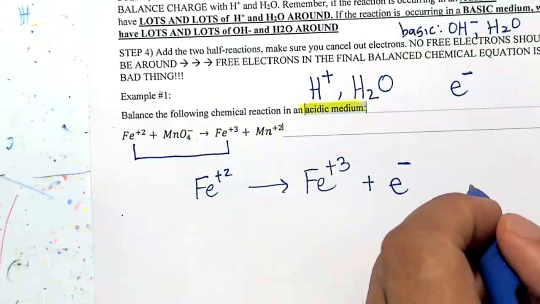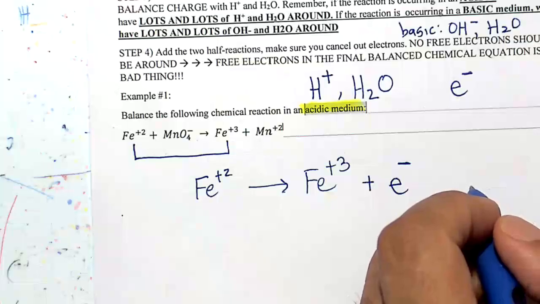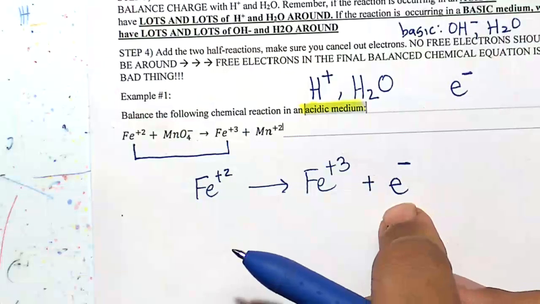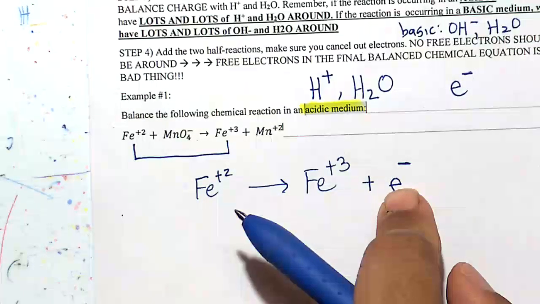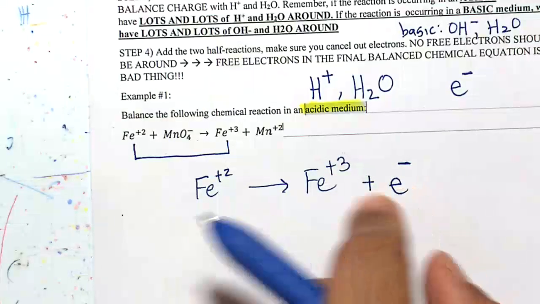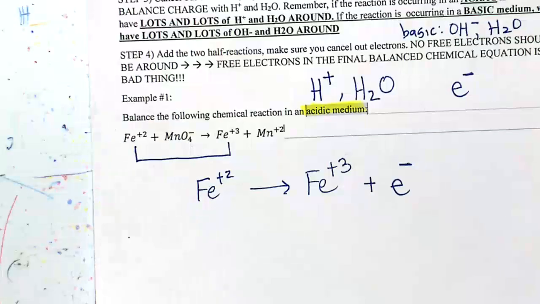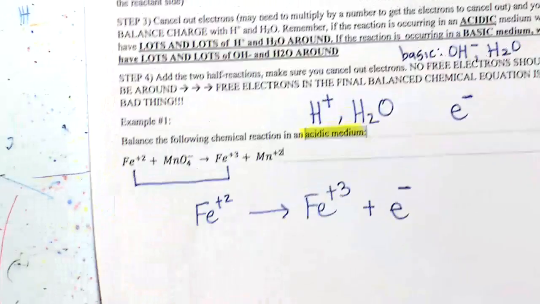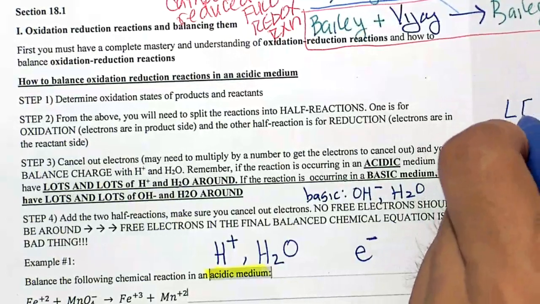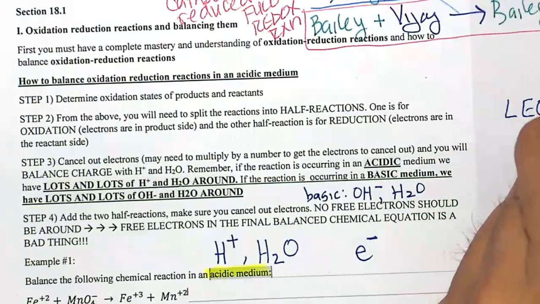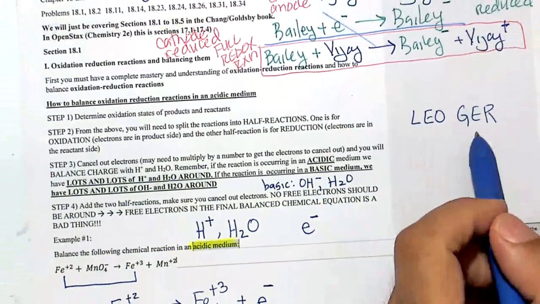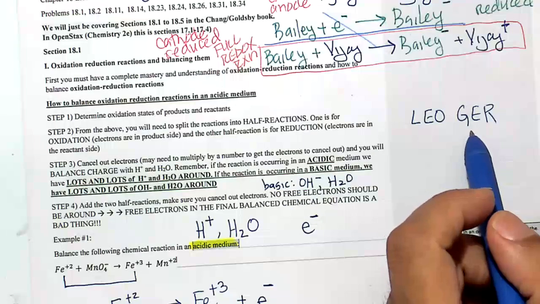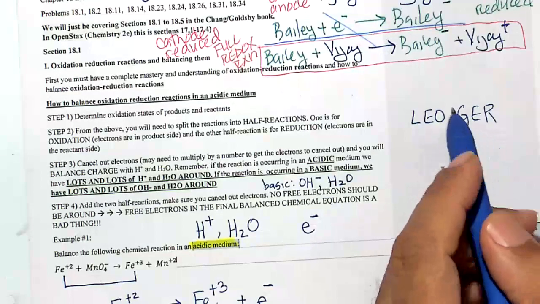Now, question. Is this an oxidation or a reduction? This has lost one electron. In order for Fe plus 2 to go to Fe plus 3, what has it done? It has lost an electron. How many? 1. So is this an oxidation or is this a reduction? Here's another thing you may have heard, LEO GER.